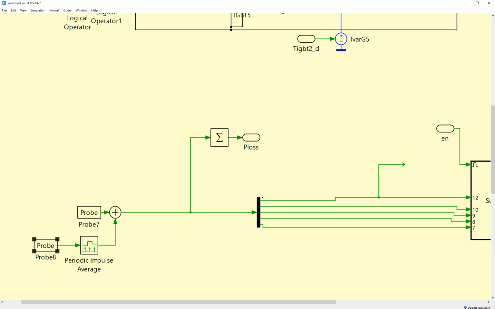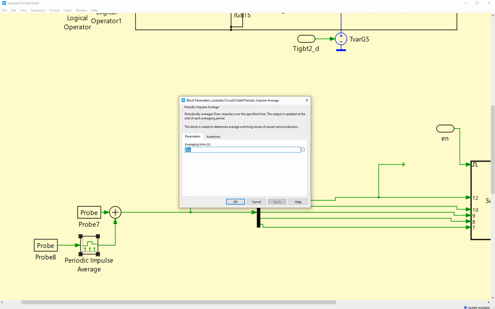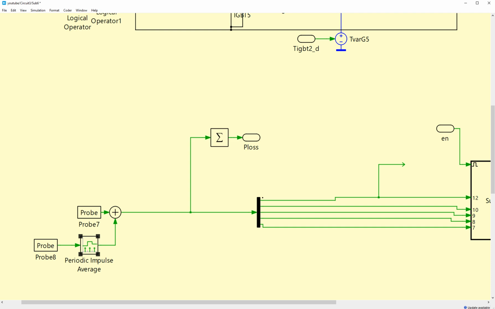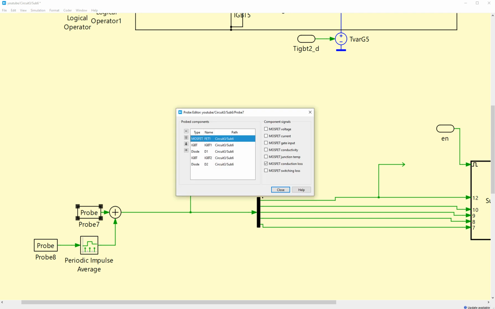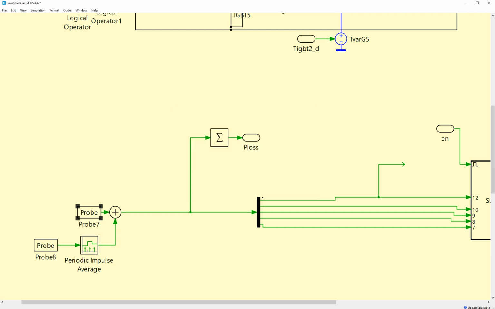But the problem is that this block has a lag of a switching period. So you only get the output after one switching period. So there is kind of a one step delay. Whereas this block, which calculates the conduction loss, is actually instantaneous. So you get the conduction loss instantaneously, whereas this block only gives you the switching loss from the previous switching period.